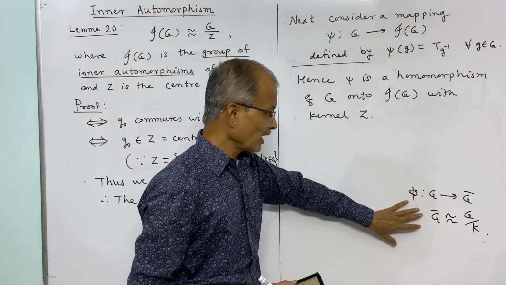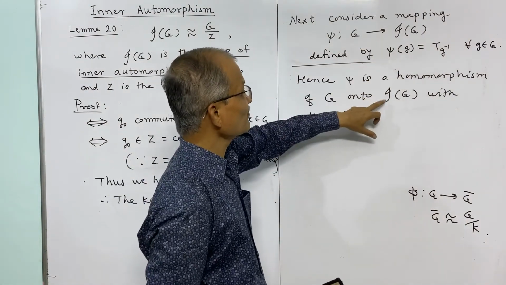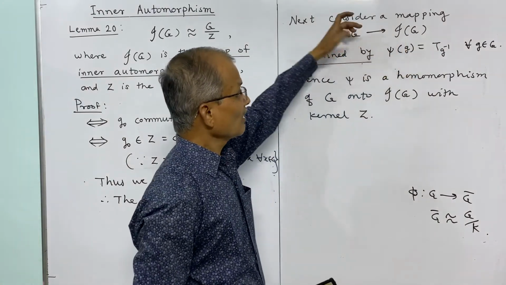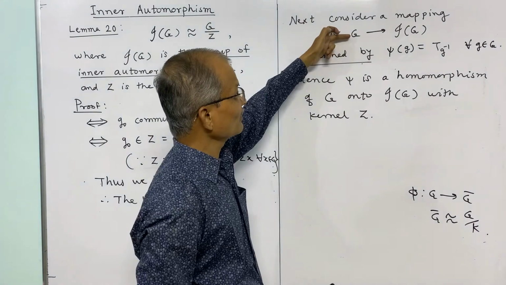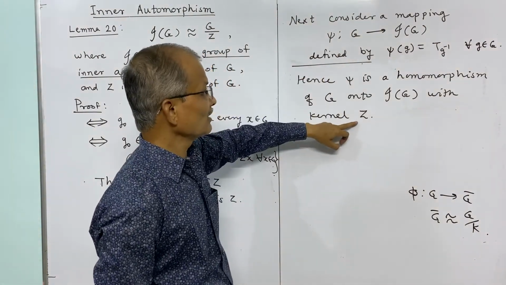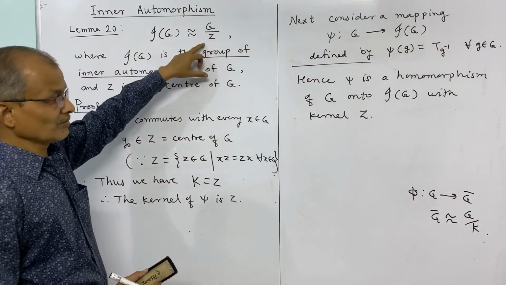And we now apply the same theorem here. Psi is an onto homomorphism from G to IG. So this IG must be isomorphic with G by its kernel. And what is the kernel? That is Z. So IG must be isomorphic with G by Z.